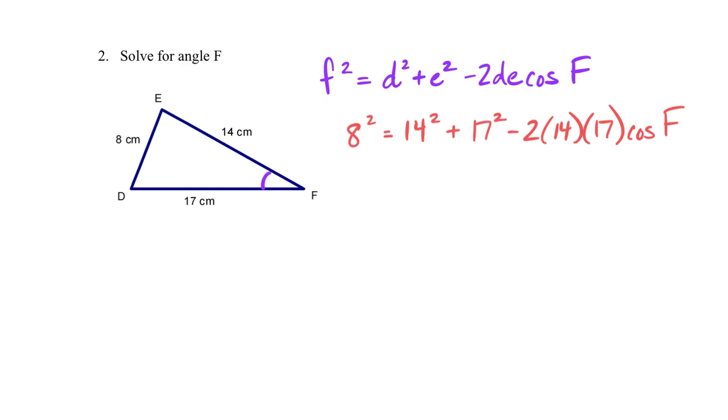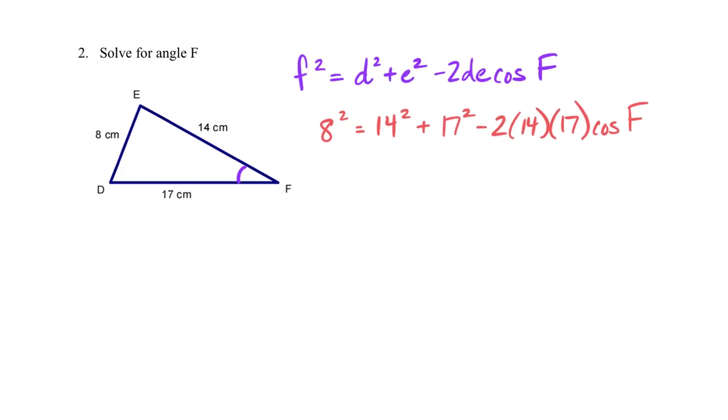Okay, you do get a little confirmation that you've subbed everything in correctly. Remember, those two sides are the same as those two sides because they are adjacent. Okay, there is the variable part of my term.